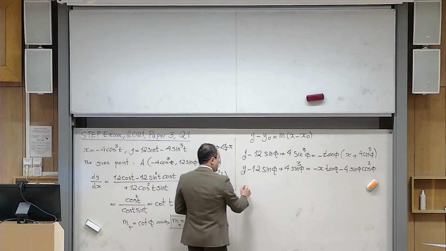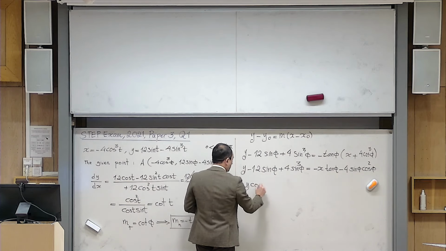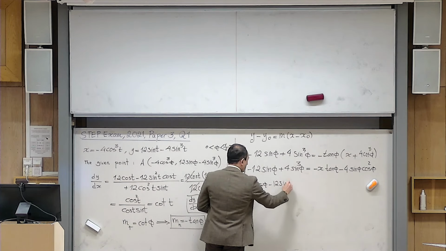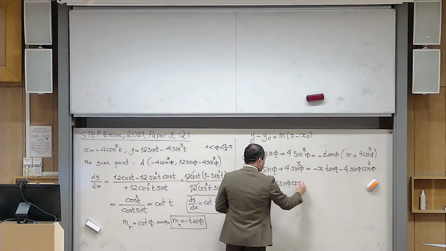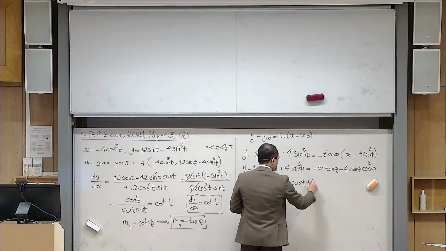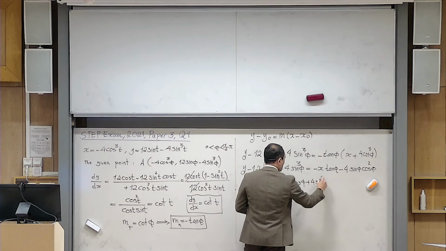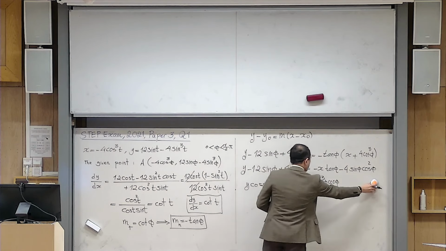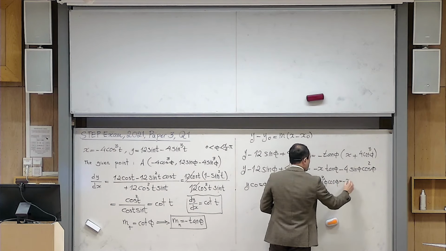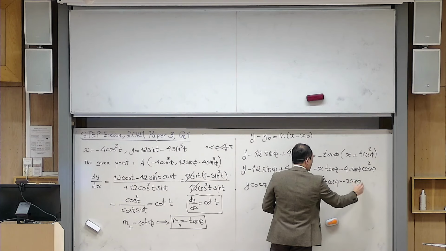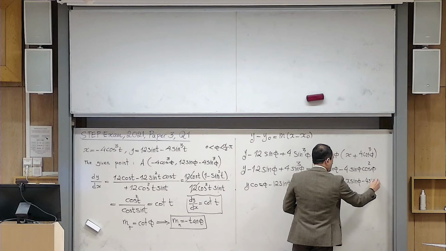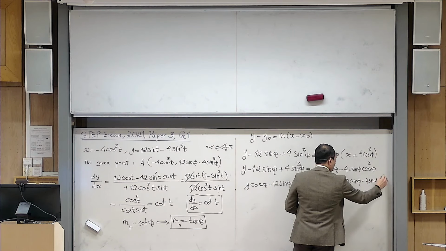So then it becomes y cosine phi minus 12 sine phi cosine phi plus 4 sine cubed cosine phi. On the right hand side I will have minus x sine phi, and then this becomes minus 4 sine phi cosine phi cubed.